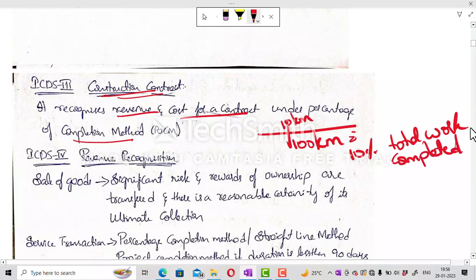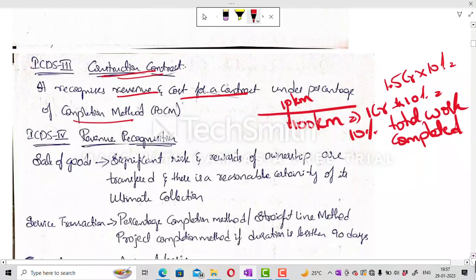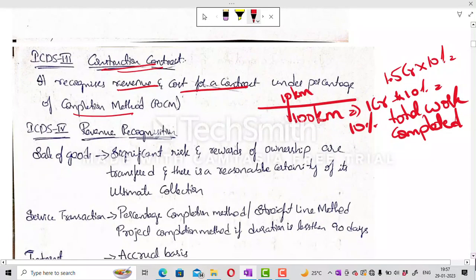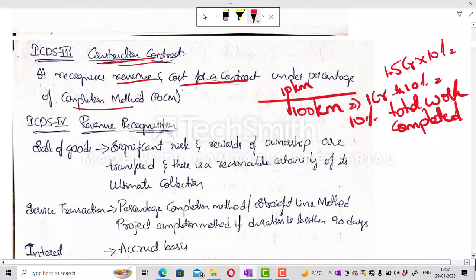We have estimated 1 crore as cost, and our income is 1.5 crores. How should we recognize? 1.5 crores into 10% will be our revenue, and 1 crore into 10% will be our cost. Like this we have to calculate in the percentage of completion method. In construction contracts, we should follow the percentage of completion method as per ICDS 3.